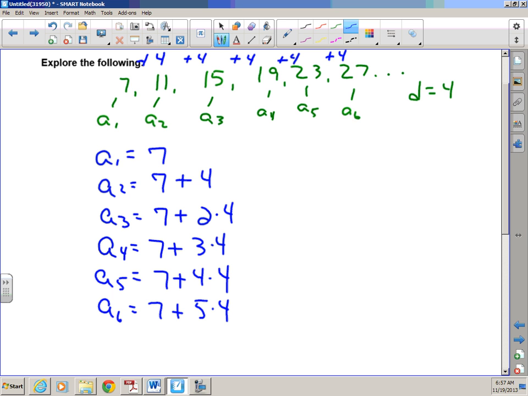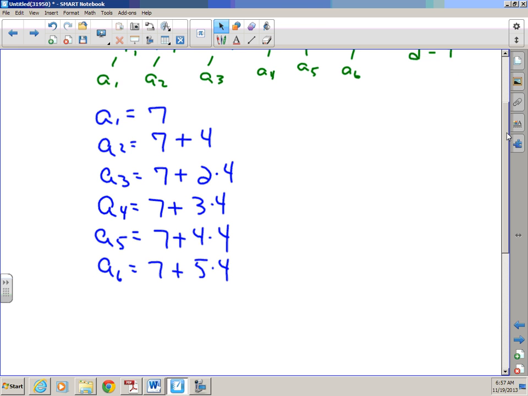Now, what you want to try to do is look at this pattern and come up with a general rule for A sub n. The givens are, we know the first term, we know where we lie, if we're the first, second, third, fourth, and we know our common difference.